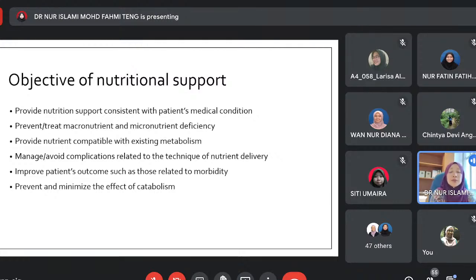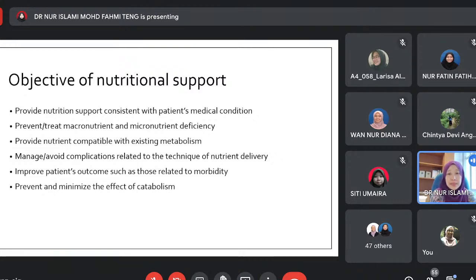So we look into that as well, and then we provide nutrient compatible with existing metabolism. Look back into the phases of the metabolic process that occur post surgery, and at that time whether the patient needs high energy or whether we need to lower the energy requirement. And then we manage or avoid complications related to the technique of nutrient delivery.